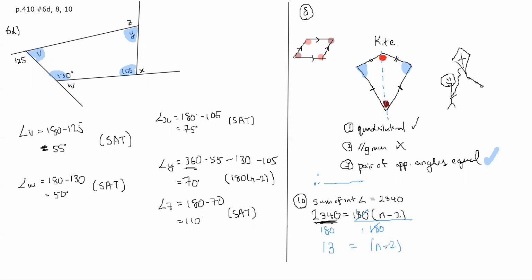Well, now that we don't need any brackets because they're not separating n minus 2 from anything, I'm going to add 2 to both sides. 15 is going to equal n. This is a, oh gosh, I don't know the actual word for 15, shame on me, but this is going to be a 15-sided polygon.